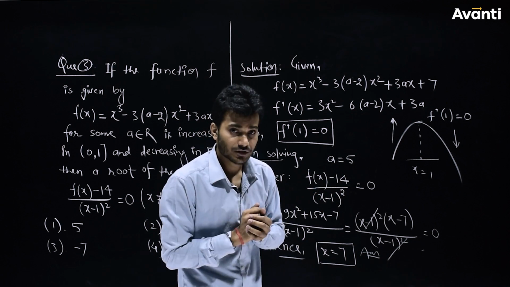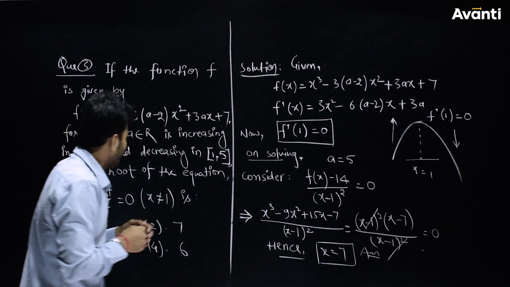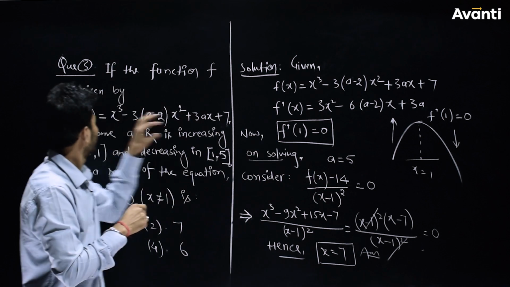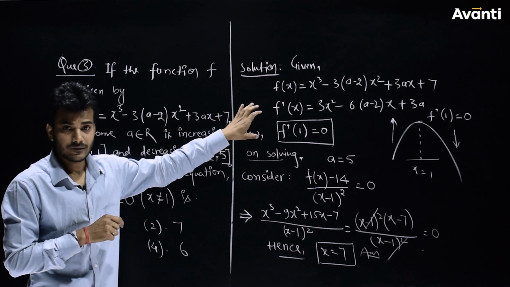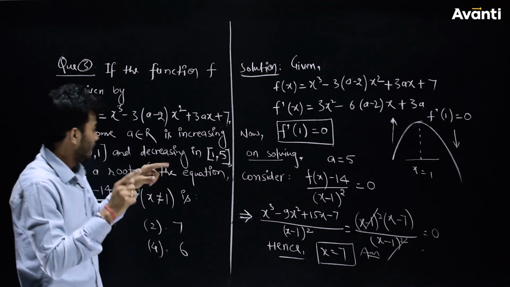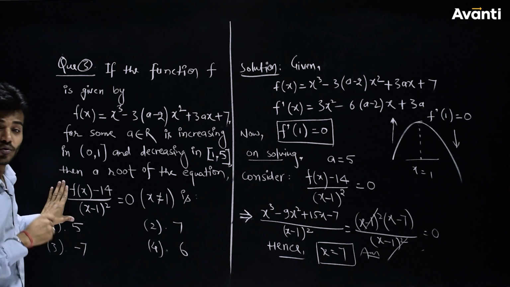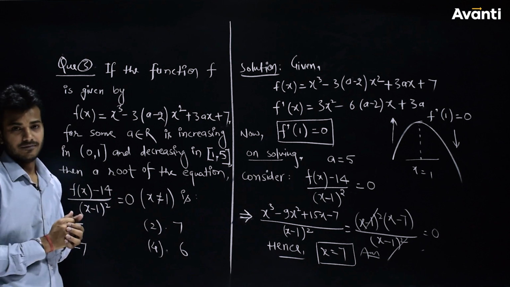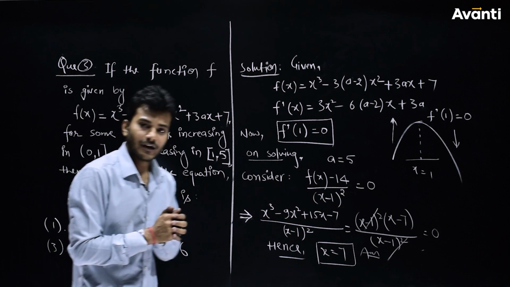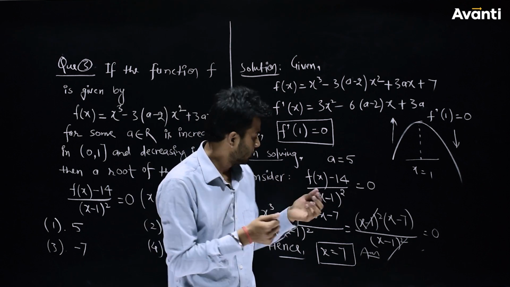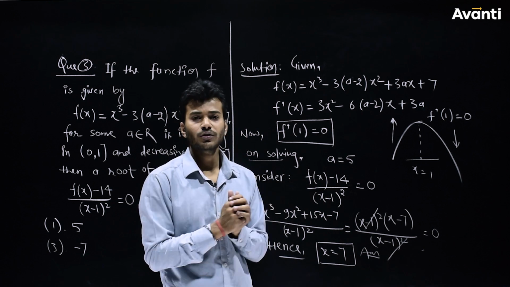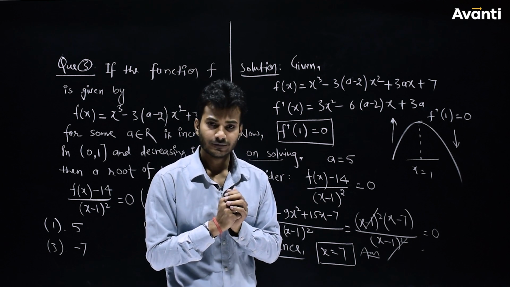Now that is not the question. The question is, once you have identified the value of a, you can find this expression entirely. Good so far. Next, we have to find the root of this equation. As we have f(x) already, we can find (f(x) − 14)/(x − 1)² = 0.